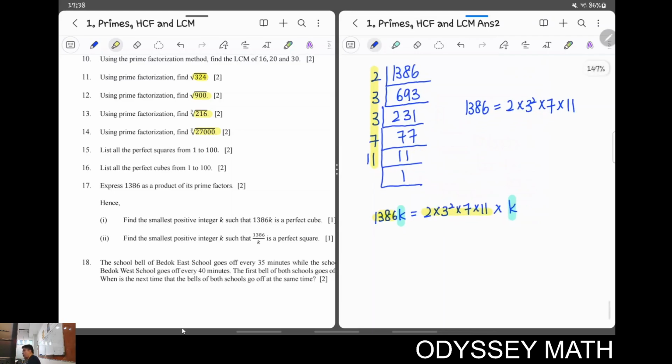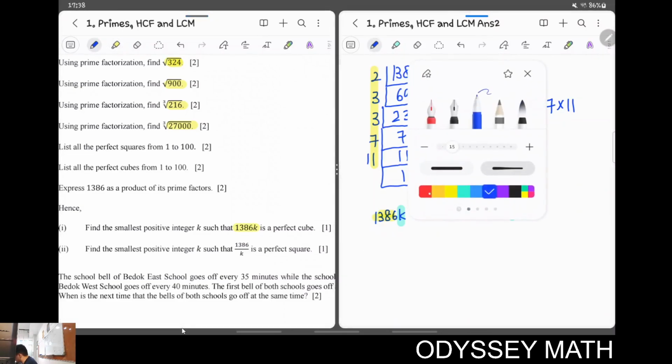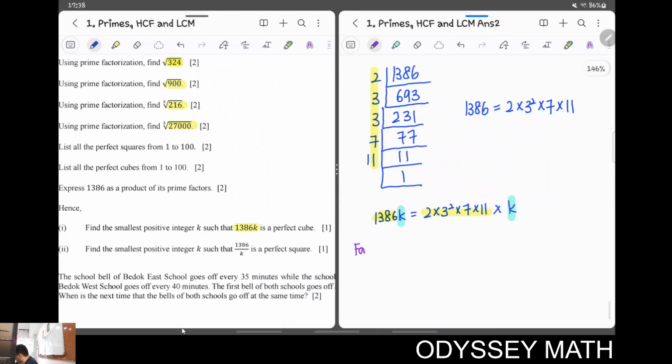Okay, and so what you have to do here is, in order for 1386k to be a perfect cube, so you can remark over here, in purple, for 1386k to be a perfect cube, all the powers must be a multiple of 3.